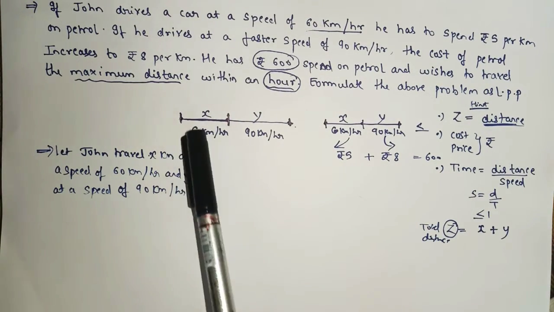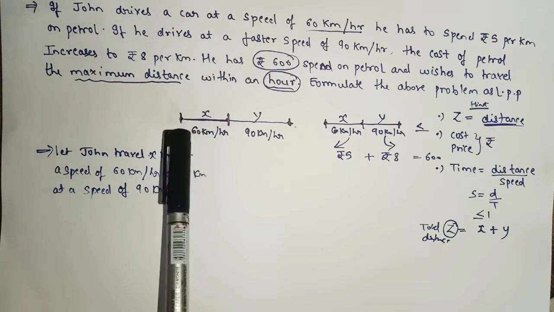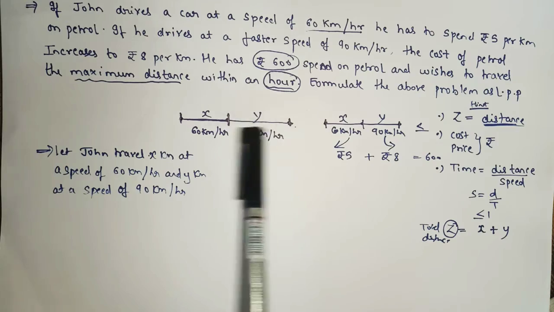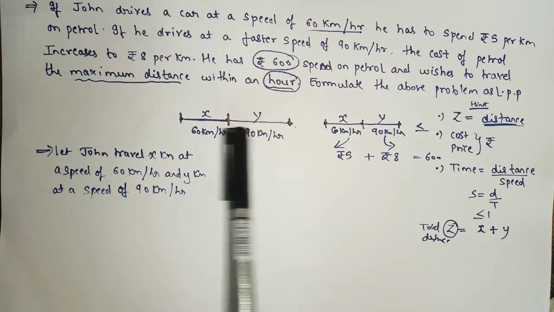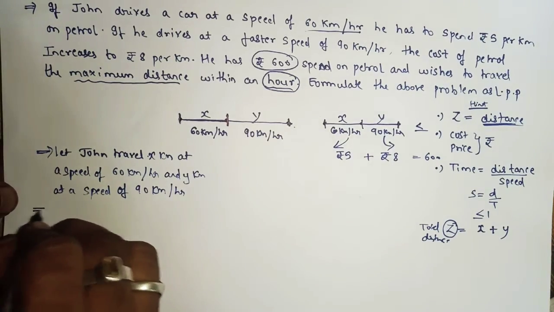Understood? He had covered x kilometer at a speed of 60 kilometer per hour. At 90 kilometer per hour, he had covered y kilometer. So total distance.